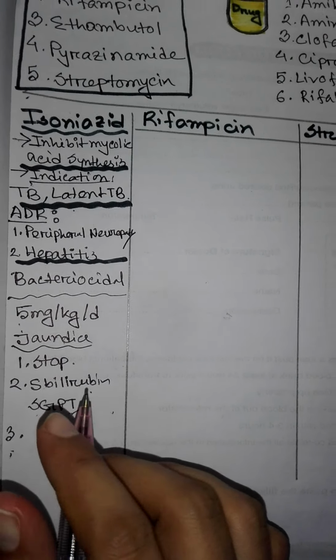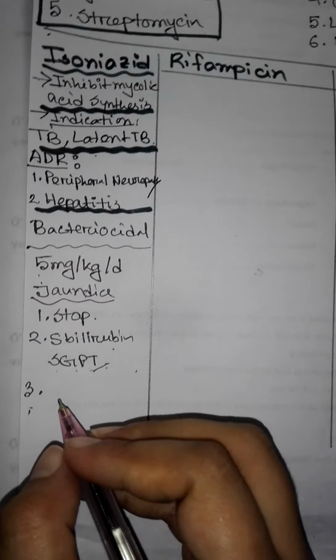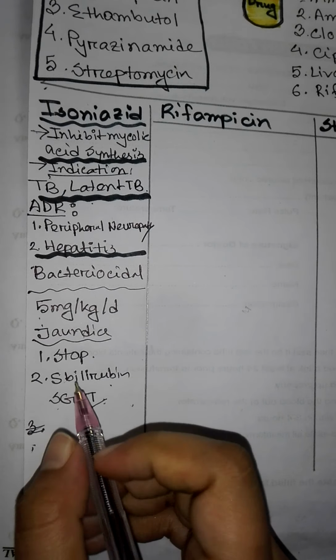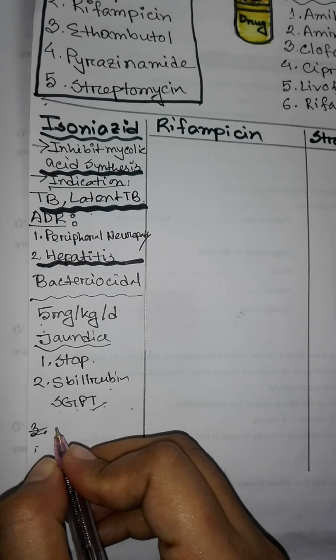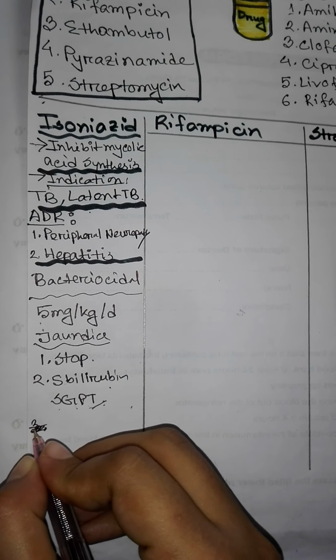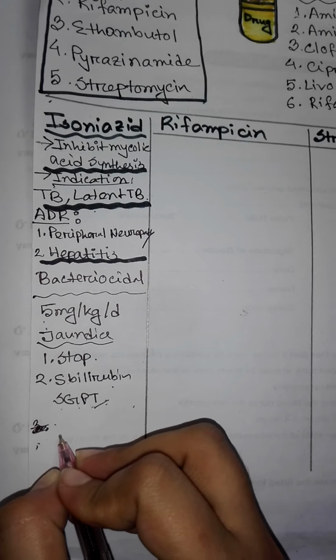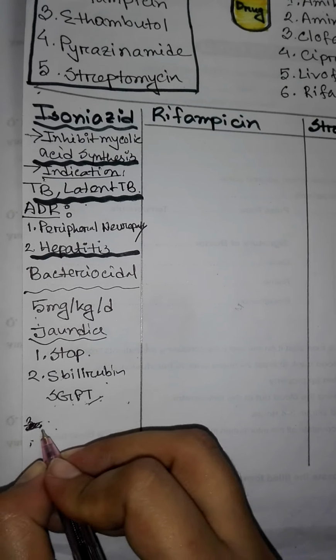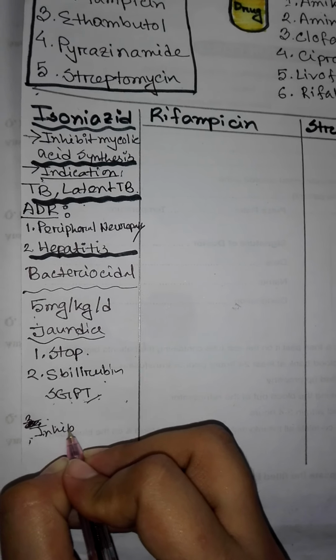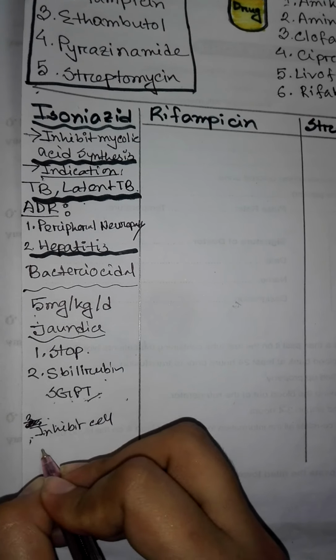Now, why is isoniazid used in a tuberculosis patient? It is a must. Why is it a must? Because it inhibits cell wall synthesis.